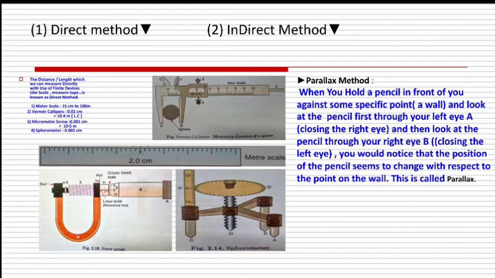Now the second method is the indirect method. To find large distances, we use the parallax method. So what is meant by the parallax method?